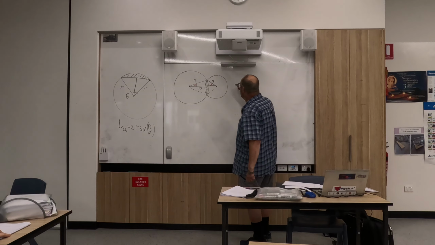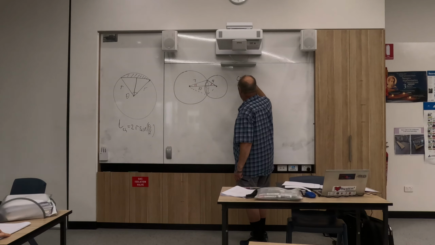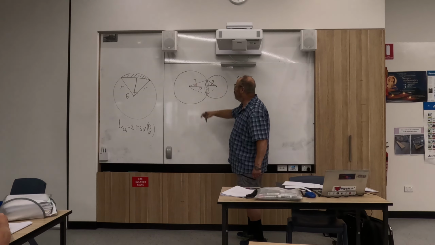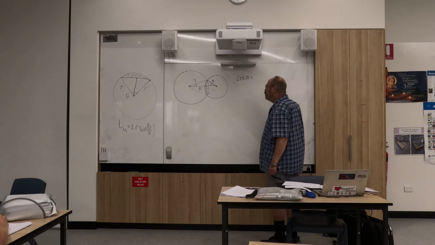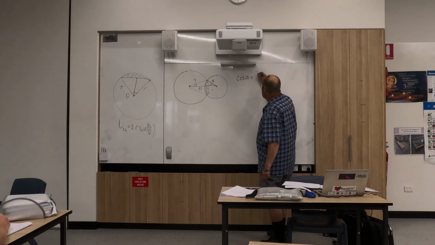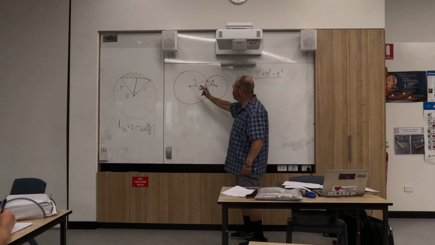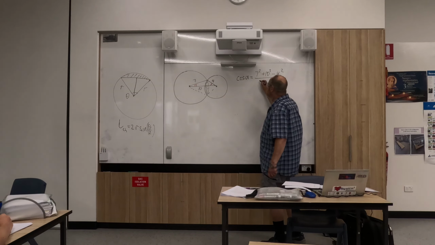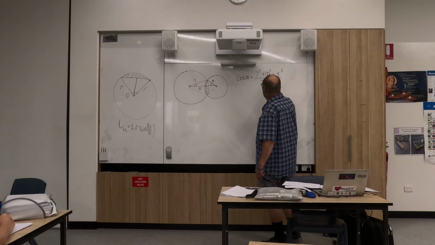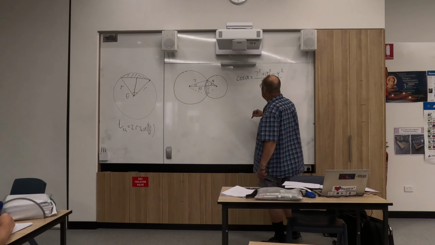We will have that cos alpha will be equal to 7 squared plus 10 squared minus 4 squared, a squared plus b squared minus c squared, divided by 2 times 7 times 10.